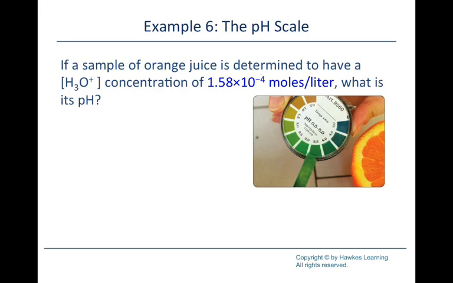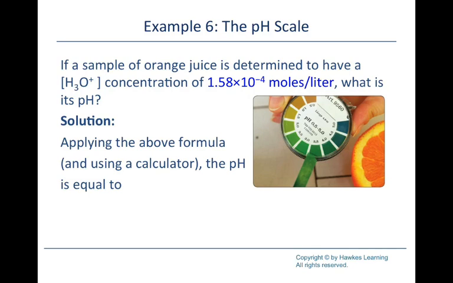A sample of orange juice is determined to have an H3O plus concentration of 1.58 times 10 to the negative 4th moles per liter. What is its pH? Okay, so you go to the formula and use a calculator.